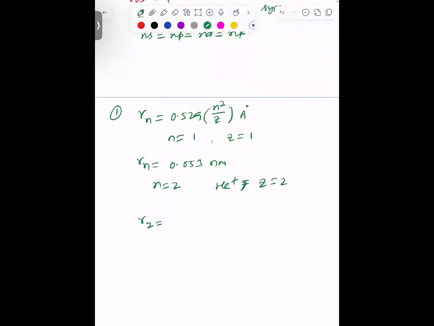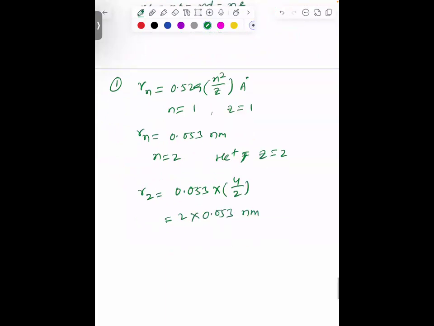So R2 equals 0.053 into n square, that is 4, divided by Z. So that is 2 into 0.053 nanometer, or 0.106 nanometer. The option is C. No doubt, the option is C from the options. Quick.